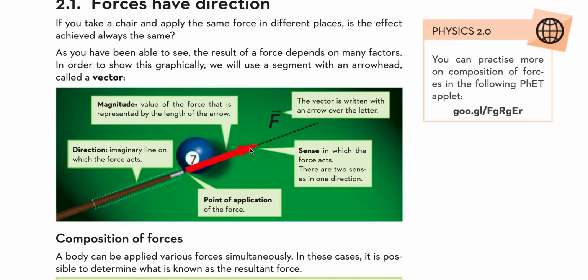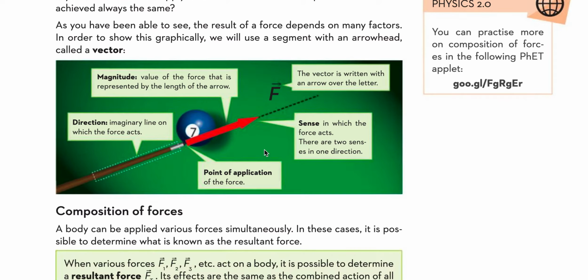Then the arrowhead is telling us the direction plus the movement towards one point. That is called the sense. The direction is the line where this force is applied. Also important is the point of application of the force, and the vector usually is symbolized with a mini arrow on the top, over the letter.